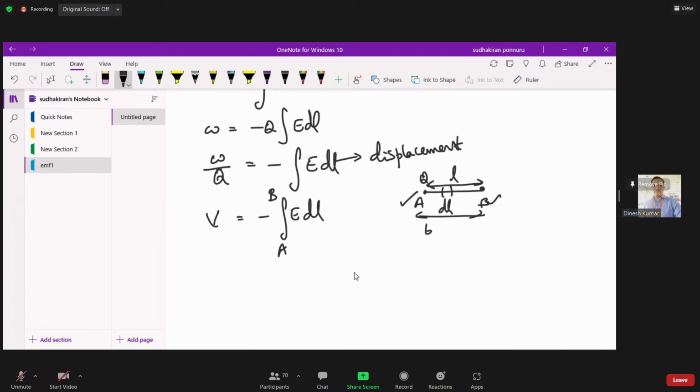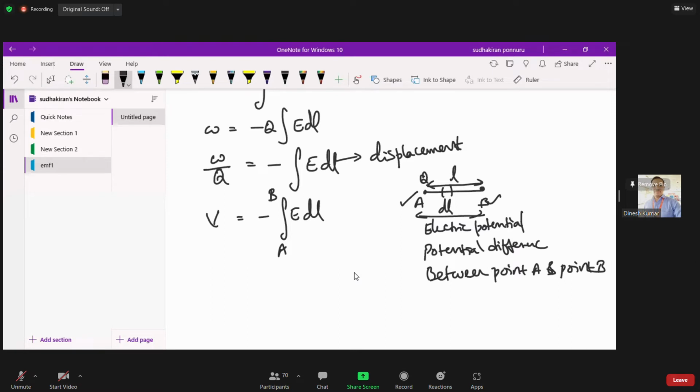So this electric potential is also known as the potential difference, the difference between point A and point B. If the potential at A is VA and the potential at B is VB, then the difference between these two potentials is the potential difference VAB.